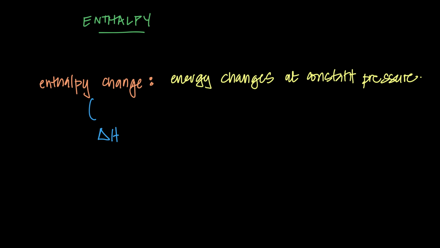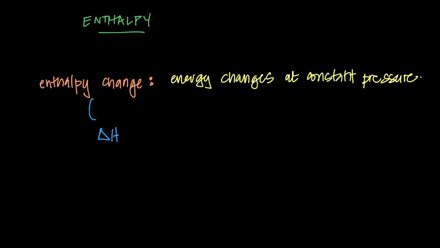Just take my word for it that energy changes for you will be called enthalpy changes. In chemistry, energy changes will only be enthalpy changes. So if a reaction produces heat, for example, when you burn methane, methane gives out 890 kilojoules of heat when 1 mole of methane is burnt. So we say the enthalpy change is 890 kilojoules per mole for the reaction.